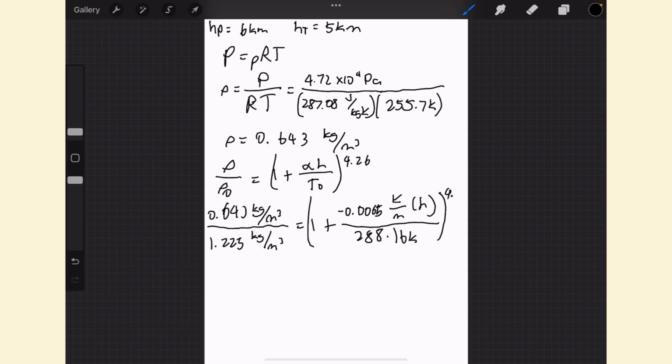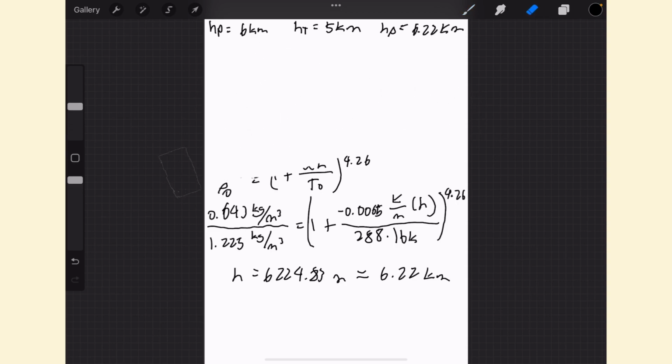So kapag plinat lang ulit yan sa ating calculator, ang lalabas naman ay 6,224.83 meters, na pwede natin siyang convert to 6.22 km. So ang ating density altitude ay 6.22 km. Okay?